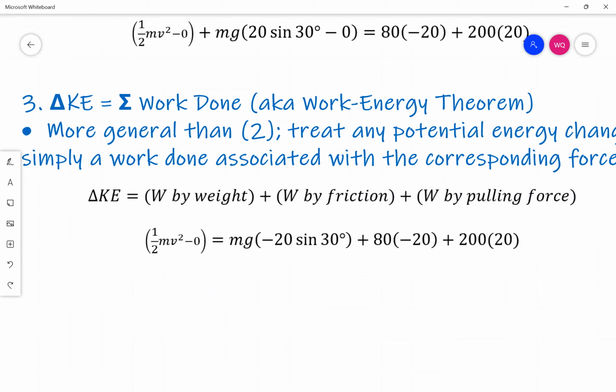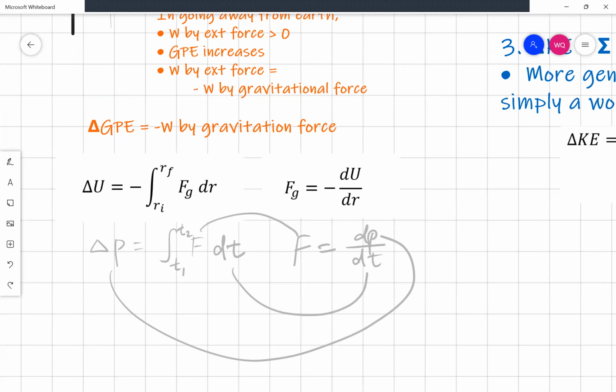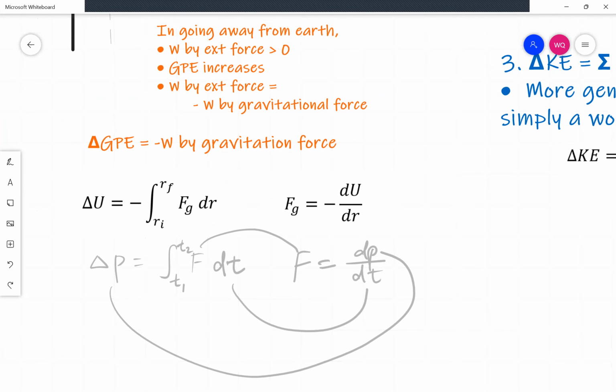Because we can actually relate potential energy with the work done by that particular force, because every bank has its corresponding banker. So when we want to say the change in potential energy, we can turn it into a work done by the relevant force.